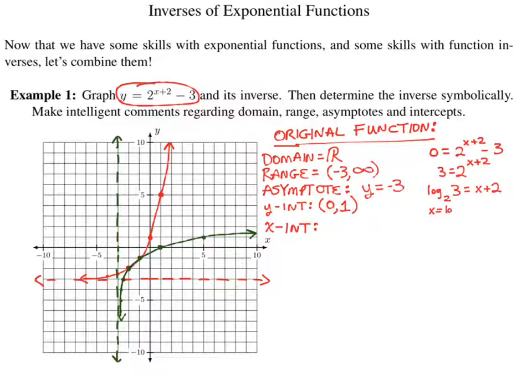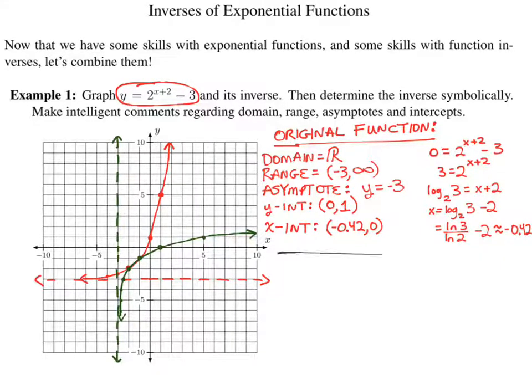And then x is log base 2 of 3 minus 2, which is true but not helpful for most of us with our calculators. So I'm going to change the base to e, so it's natural log 3 divided by natural log 2, still minus 2. So it's about -0.42-ish. So the x-intercept is, well, about -0.42-ish, comma 0.